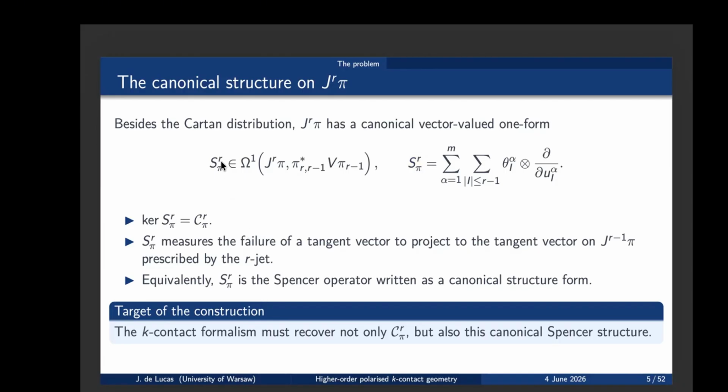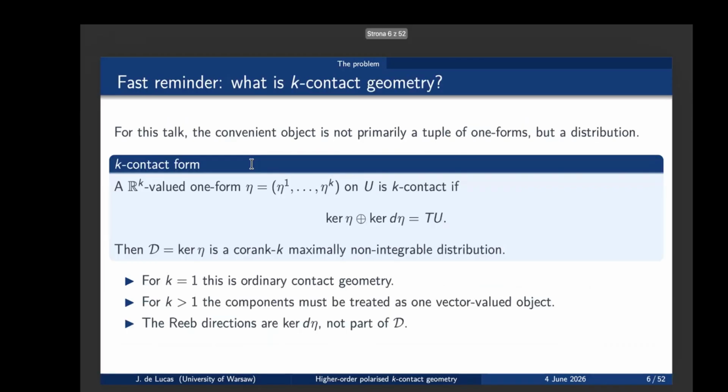The thing is that the k-contact formalism is going to recover these two things by means of a k-contact form. So let me recall what k-contact geometry is. It is a generalization of contact geometry, which appears as a particular case.